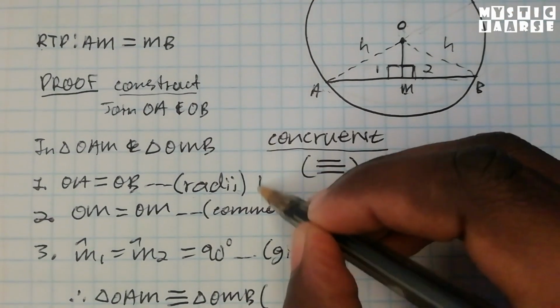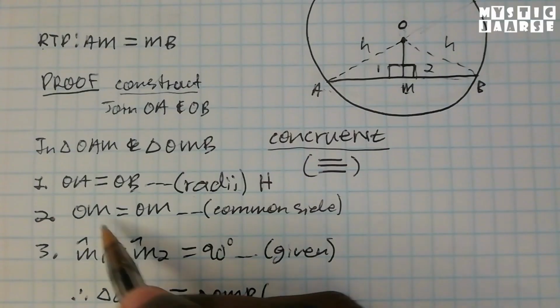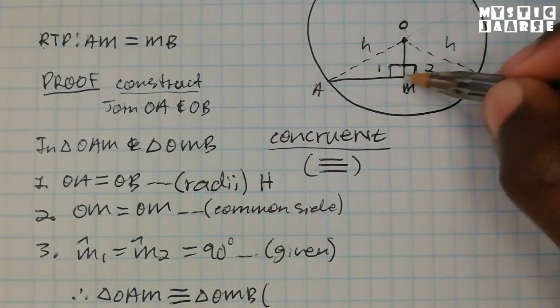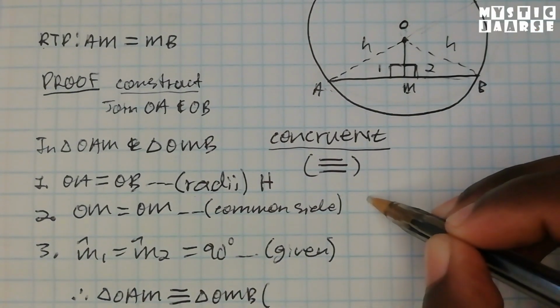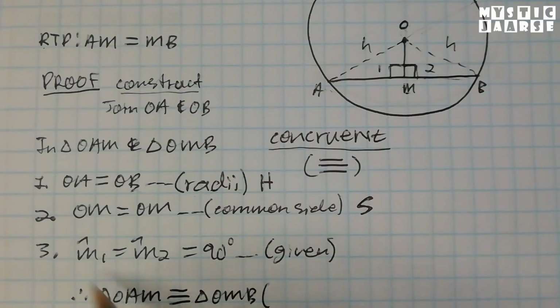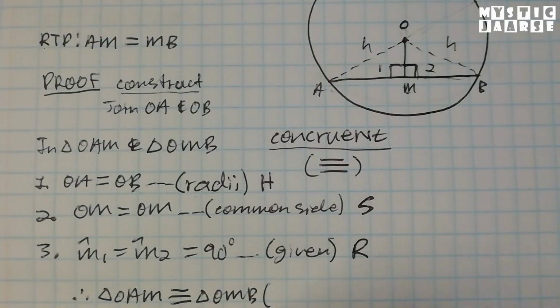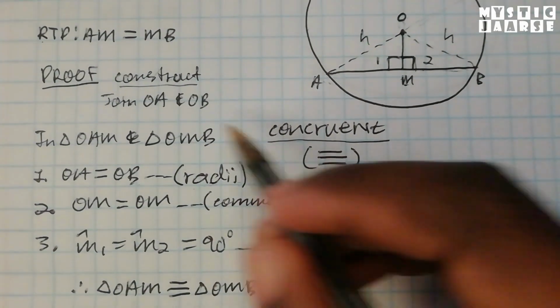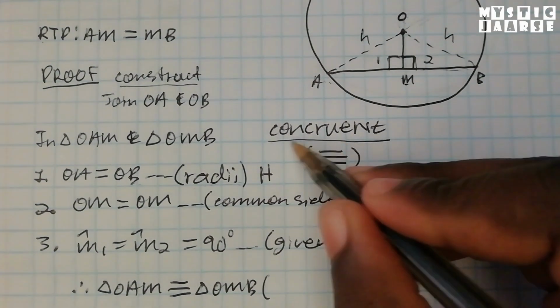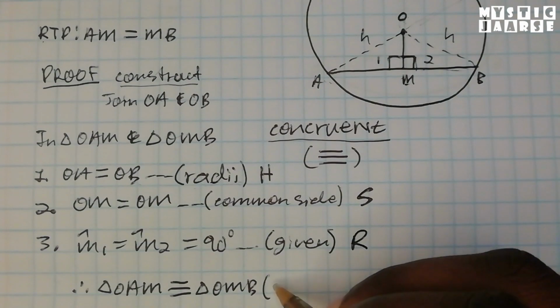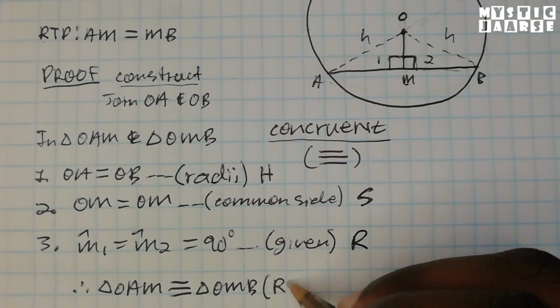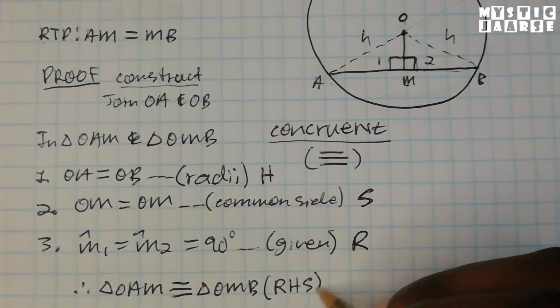So this is the hypotenuse. OM is equal to OM. This is a side, and angle M1 is equal to angle M2 is equal to 90 degrees. This is a right angle. So the reason why we conclude that these two triangles are congruent to one another is because we have a right angle, a hypotenuse and a side.